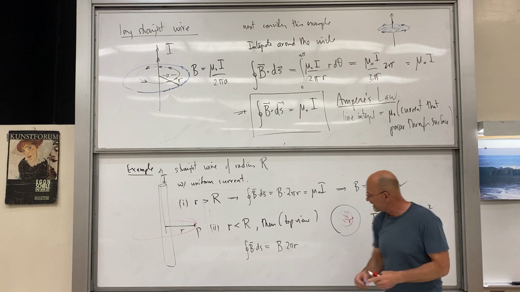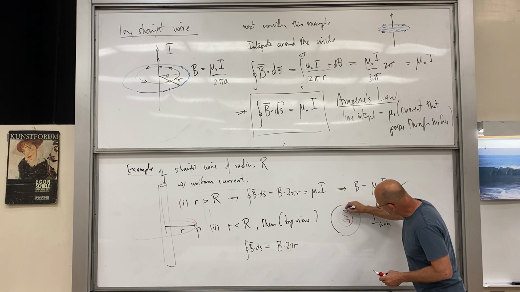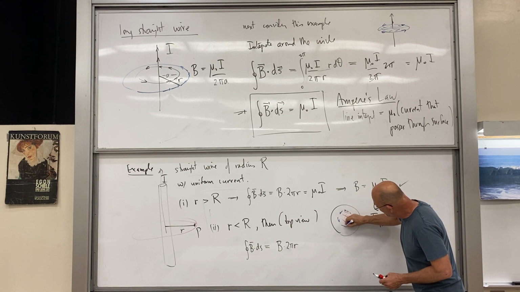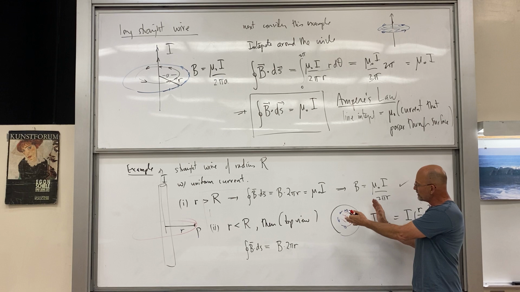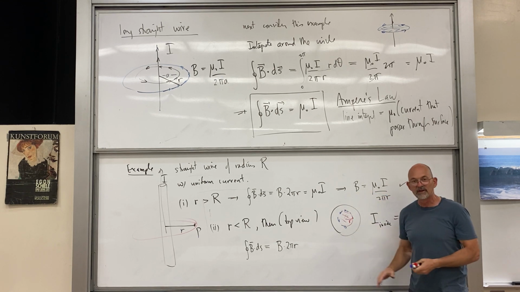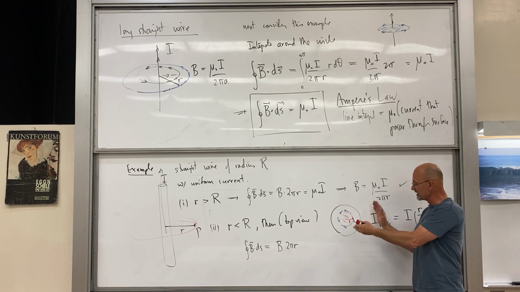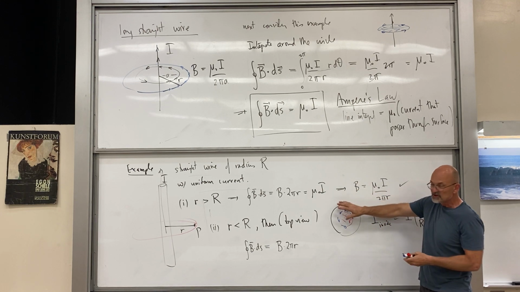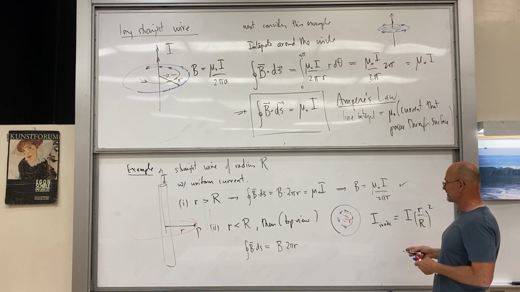If you're inside and the current's coming out, then your B field has to have this circular nature, because anything else would violate the symmetry. If we had a different component and we just give this thing a twist, it would no longer be the same. And yet if we just give this thing a turn, nothing has changed. So symmetry arguments, again, they're pretty powerful.